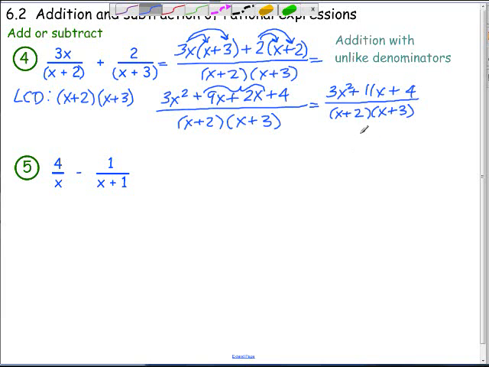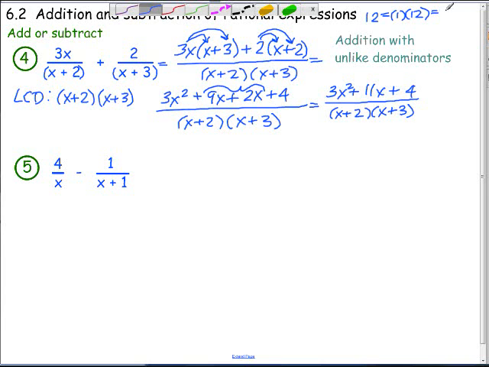Now, can we factor this? The only factor I'm going to care about is getting an x plus 2 or an x plus 3. I don't have a common monomial, unfortunately. So I'm looking at a positive 3 times a positive 4, or 12. Are there any factors of 12 which, when I add them up, will give me 11? Let's see. I could have 1 times 12, which when I add them up would give me 13.